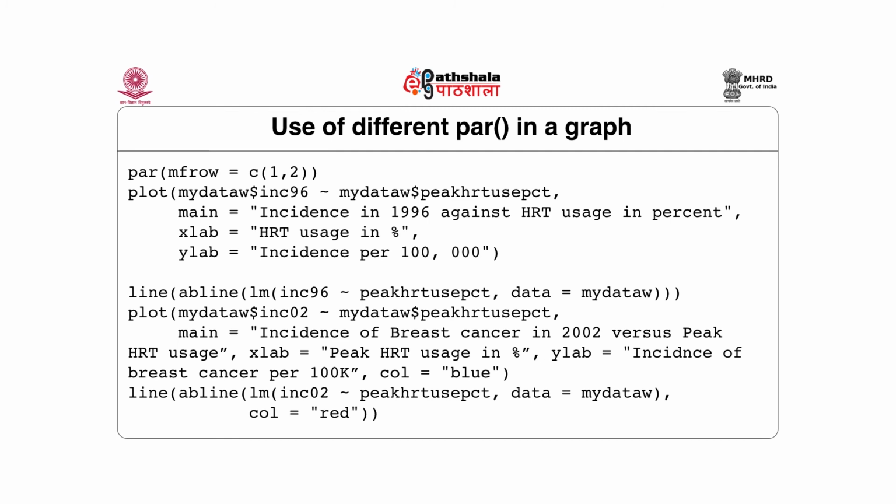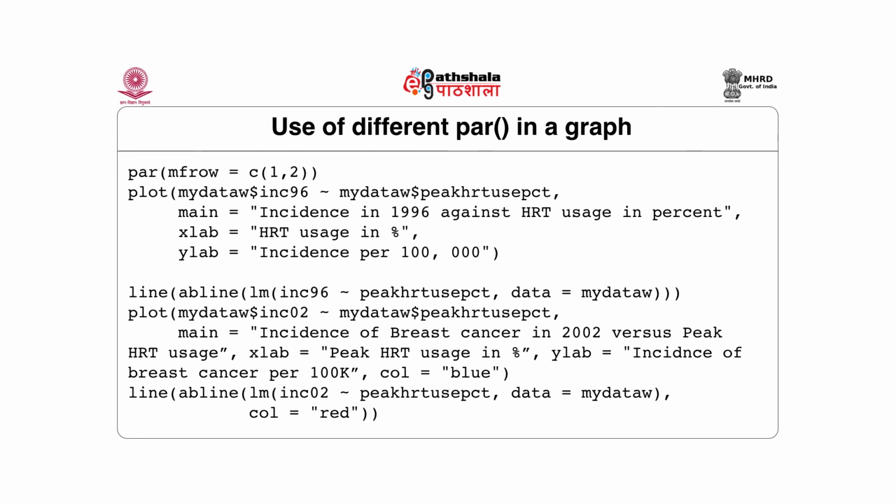Therefore, you see that par within parentheses mfrow equals c(1, 2). Let me explain this. The word par tells you that you're actually going to use some parameters in order to work on the canvas.